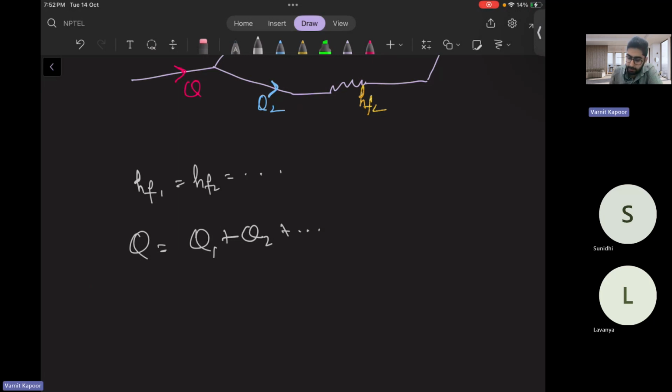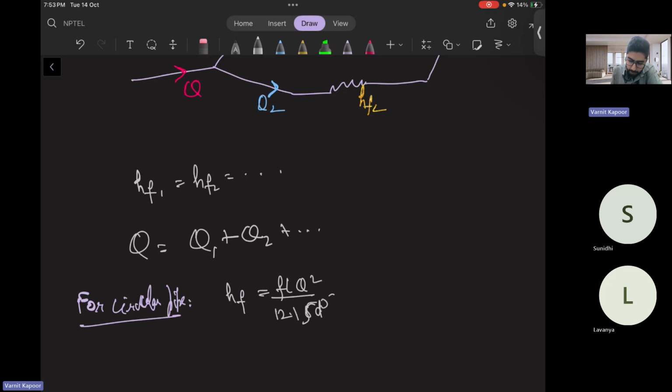So I can write, since for a circular pipe, HF is FLQ square upon 12.1 d to the power of 5. HF is the same in all of them.